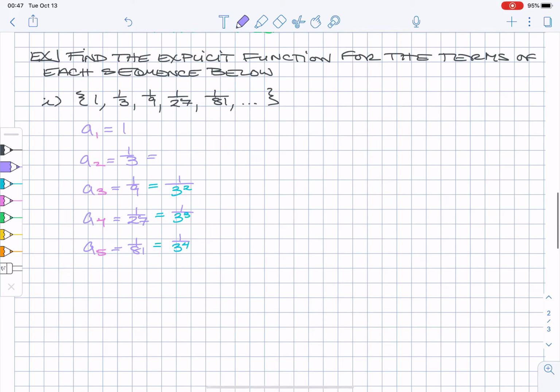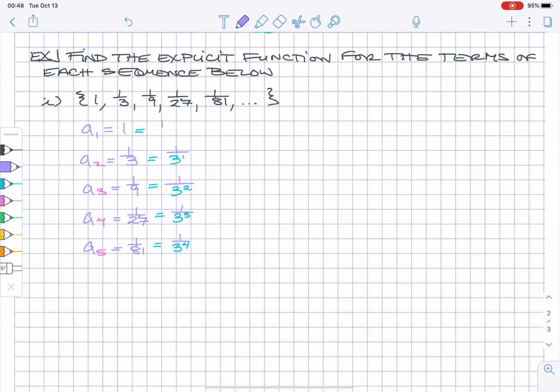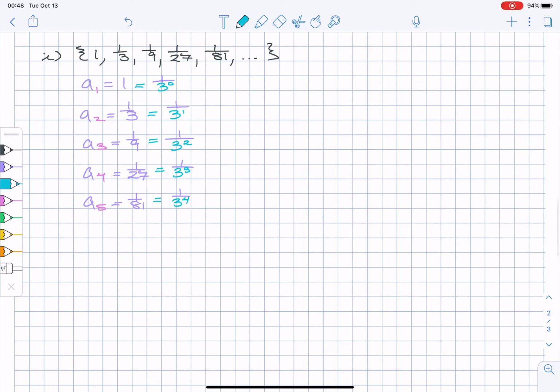I know that 1/3 is really 1 over 3 to the power of 1. And then I know that 1 can be written as 1 over 3 to the power of 0, since if I want the denominator to be 1, the power has to be 0. So I do have counting numbers, just not the correct counting numbers.